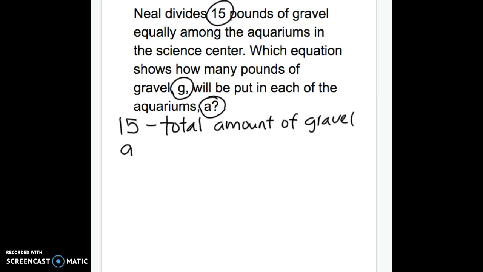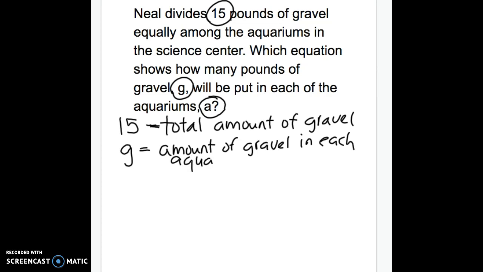The G stands for the amount of gravel in each aquarium. And the A stands for the number of aquariums.